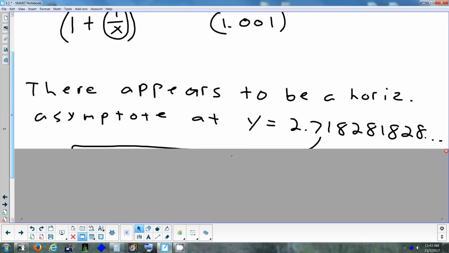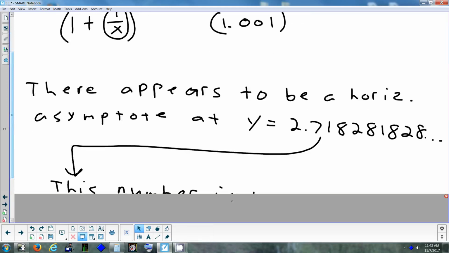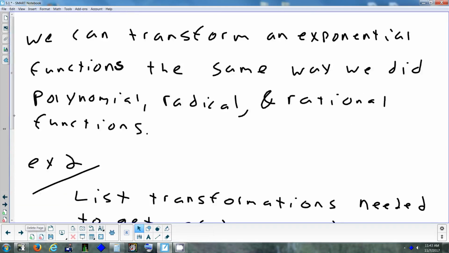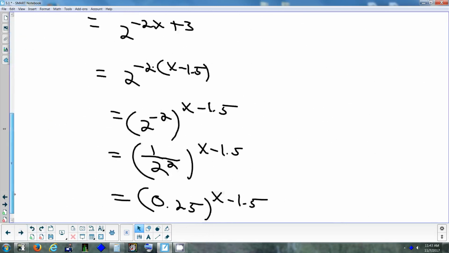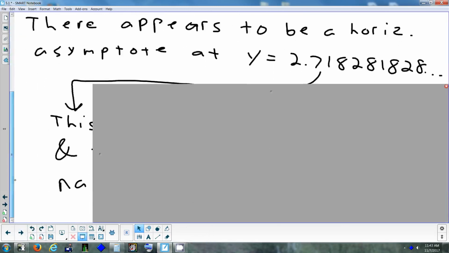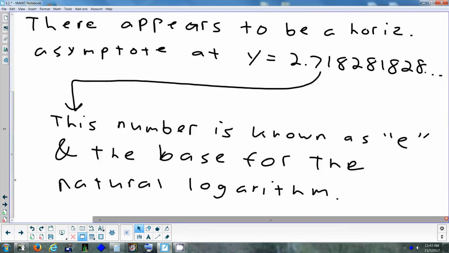And I said this is going to connect what we do with logarithms, because anytime that you deal with logarithms, logarithms always have a base to them. Well, we're going to talk about a special logarithm called the natural logarithm.